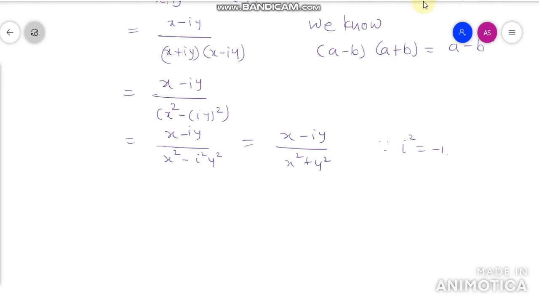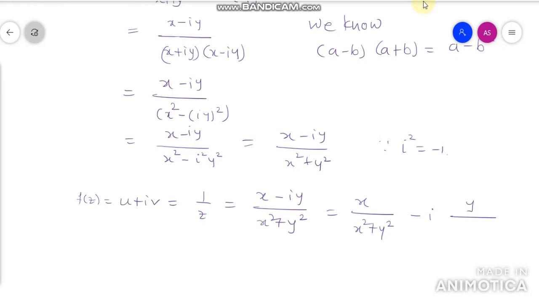Therefore f of z is equal to u plus iv, and 1 upon z is nothing but x minus iy divided by x square plus y square, or we can write it as x divided by x square plus y square minus i times y divided by x square plus y square.